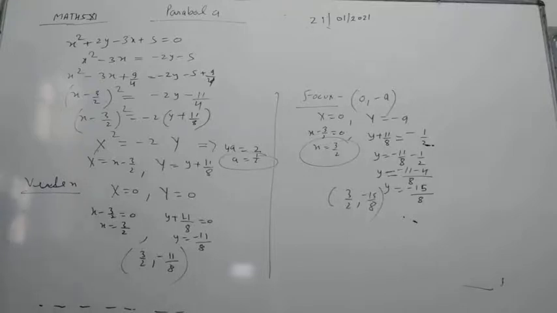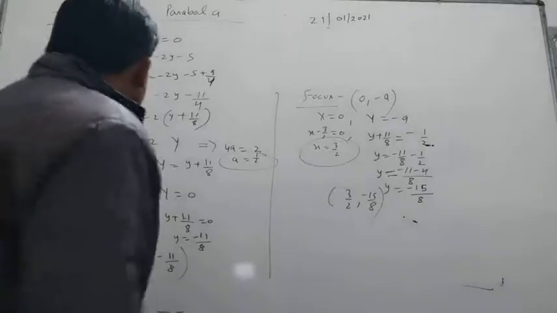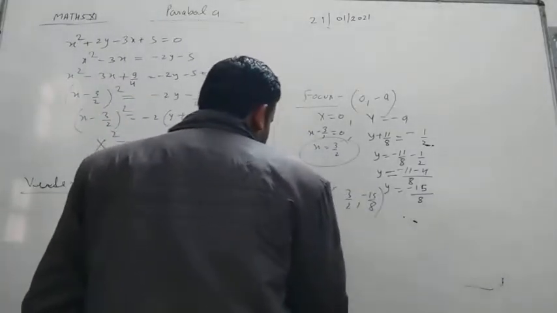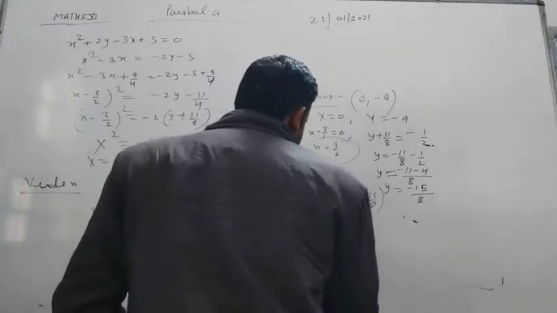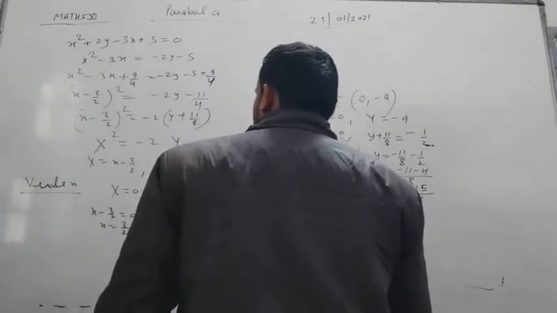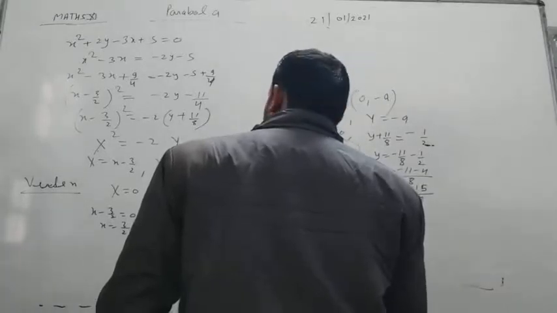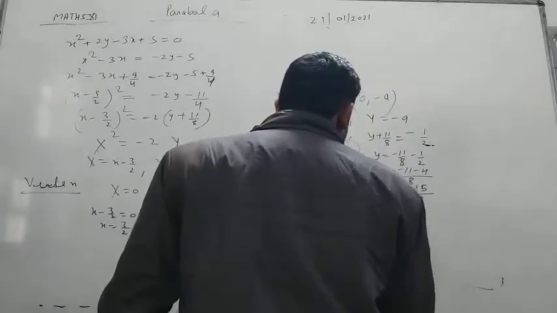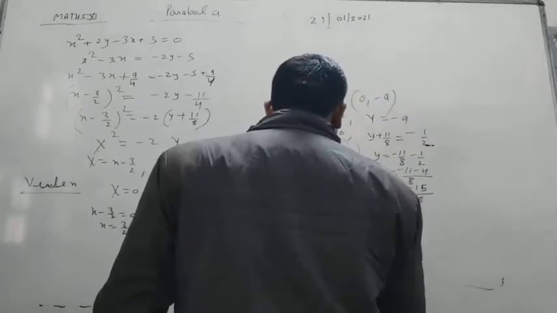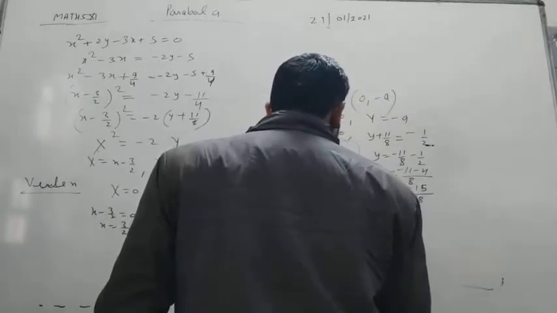Now, student, this is the focus and vertex. Now the directrix says capital Y minus a is equal to 0. So y plus 11 by 8 minus a, where a is 1 by 2.